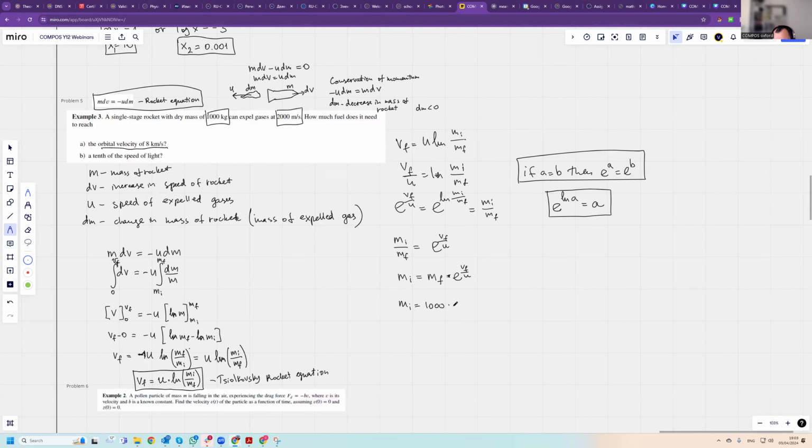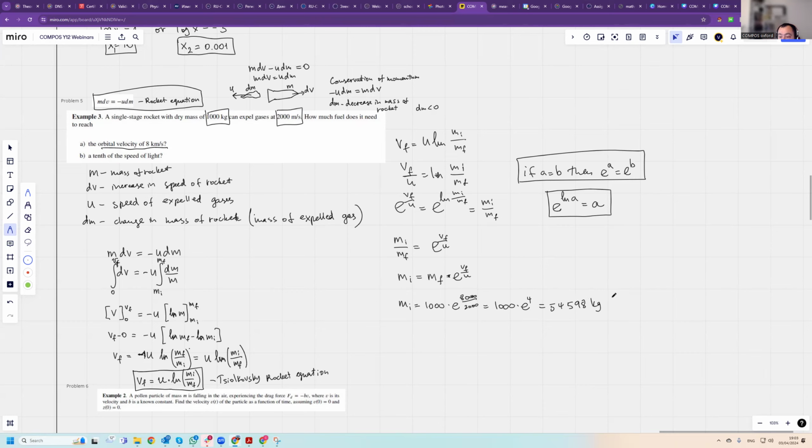1,000 multiplied by e to the power 8 kilometers a second over 2,000. So 1,000 multiplied by e to the power 4, which is 54,598 kilograms.